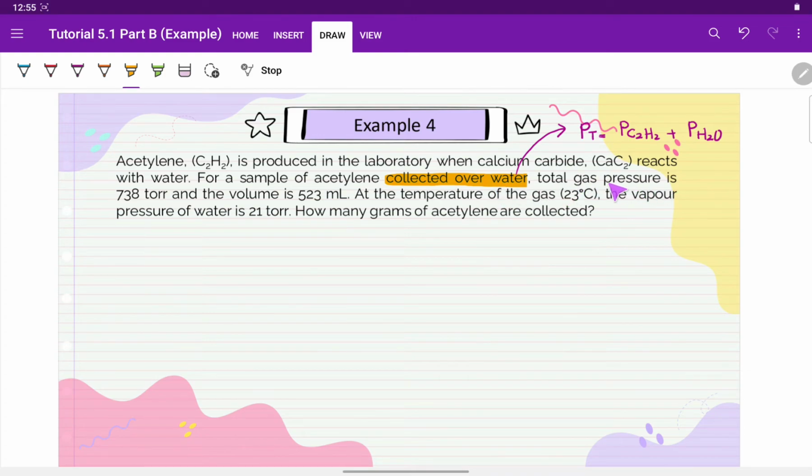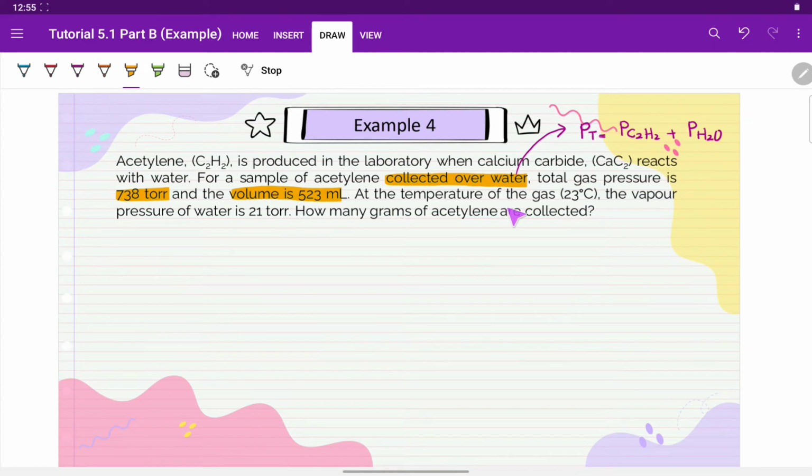So, total gas pressure is 738 torr. So, total pressure dekat sini adalah total pressure yang mana? This total pressure. Okay. And the volume is 523 mil. Saya highlightkan saja dulu. Okay, volume is 523 mil.